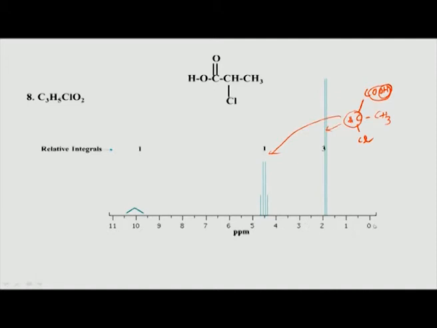Remember, again methyl peaks are between 0 to 2, and if it is at the edge of this, around 2 ppm, it means it could be a CH3 attached to a carbonyl, or it could be a CH3 attached to some more electronegative atom. But what is happening is, because of this chlorine, there is an electronegative inductive effect.